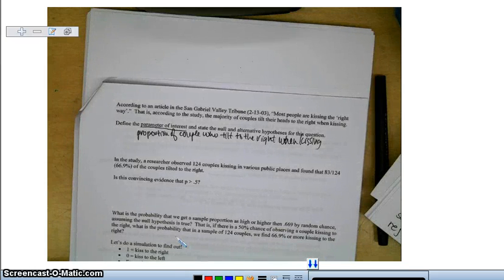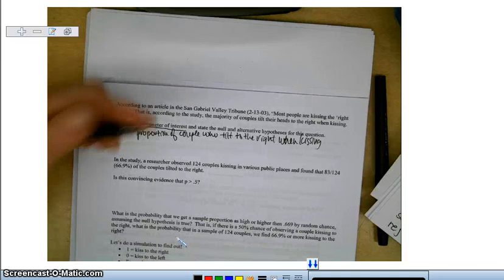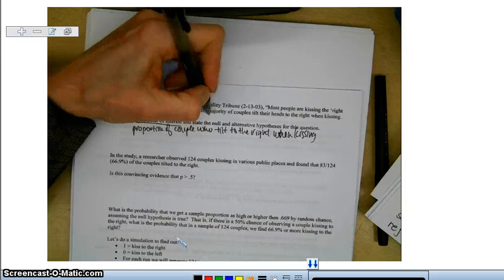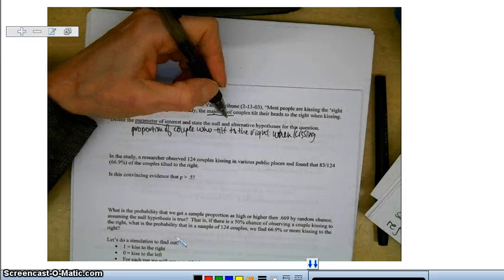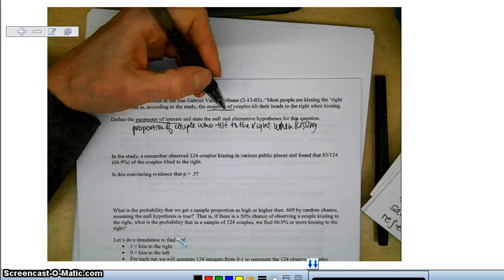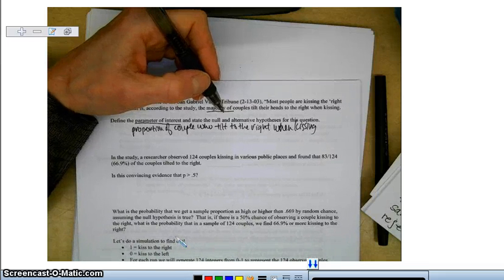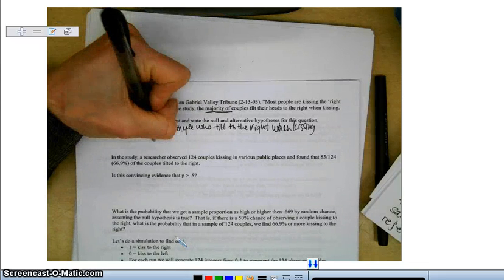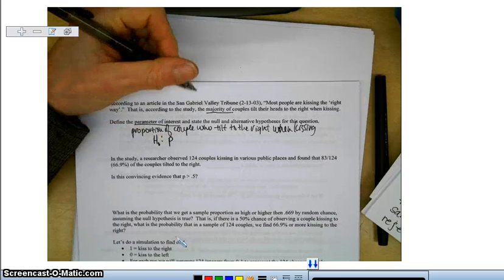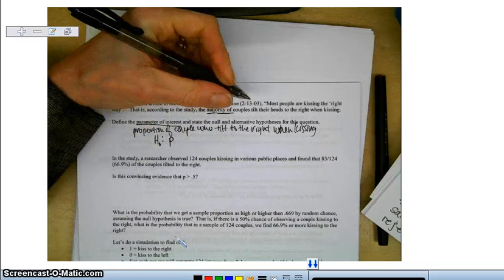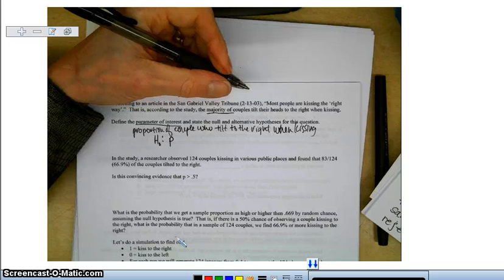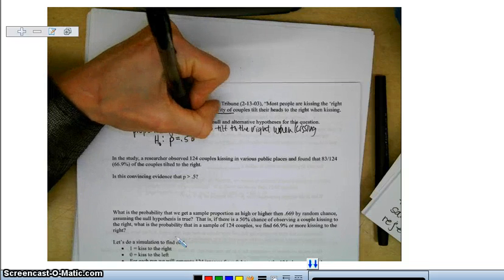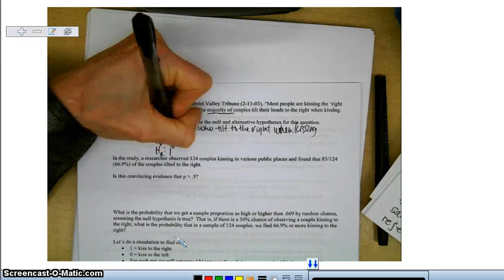All right, and state the null and alternative hypotheses. So the null hypothesis, okay, majority infers that we're dealing with more than 50%. So what we'll do is we're going to say that the null hypothesis is that the true proportion is equal to 50%, and the alternative is what we suspect.